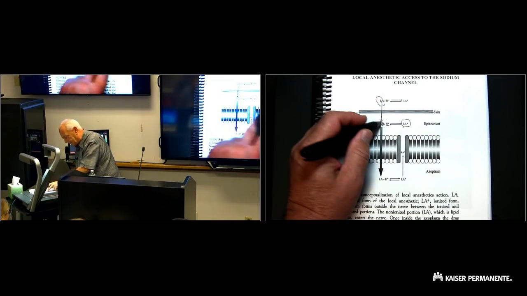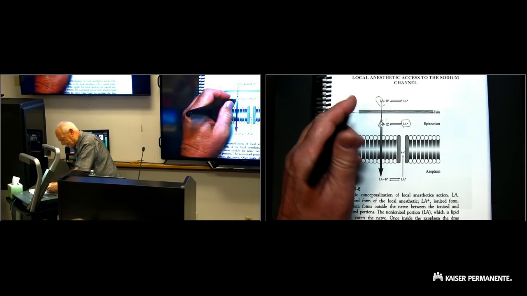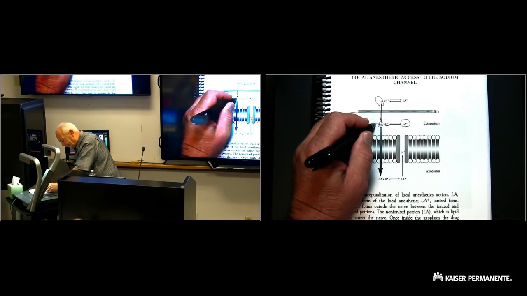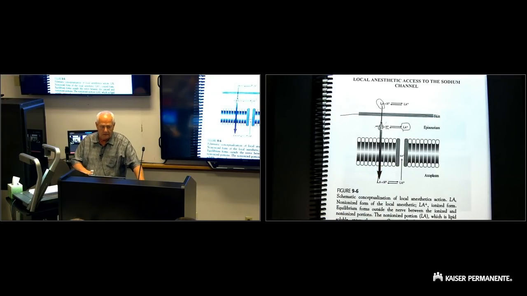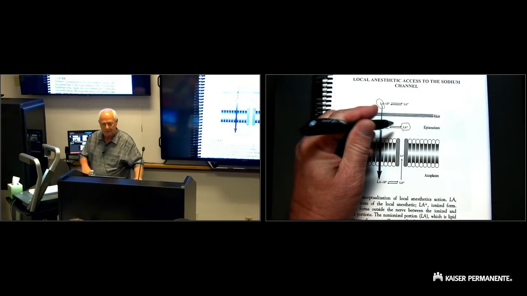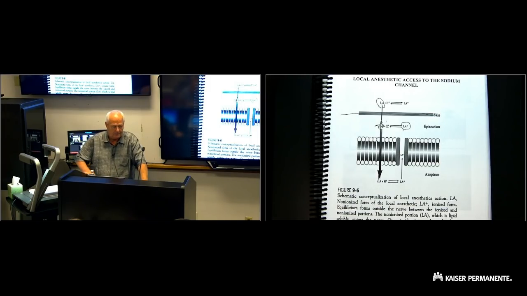Now here's a nerve. This is a nerve lipid bilayer. And the non-ionized portion, there's no charge here, penetrates the nerve. If the drug is ionized like this one, LA+, then it can't penetrate through the lipid barrier, right? Because ionized are water soluble.